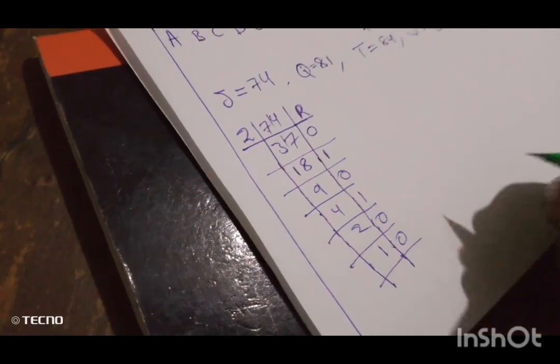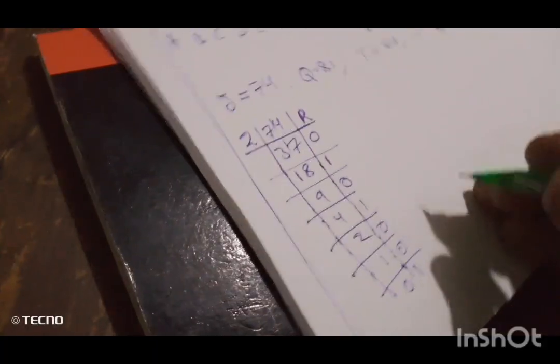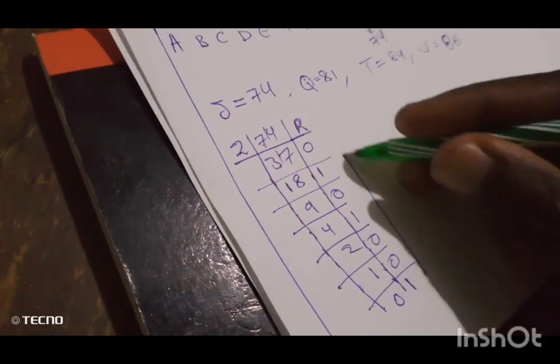And 2 into 1 goes 0 times, remainder 1. So that's what we have for the first one.